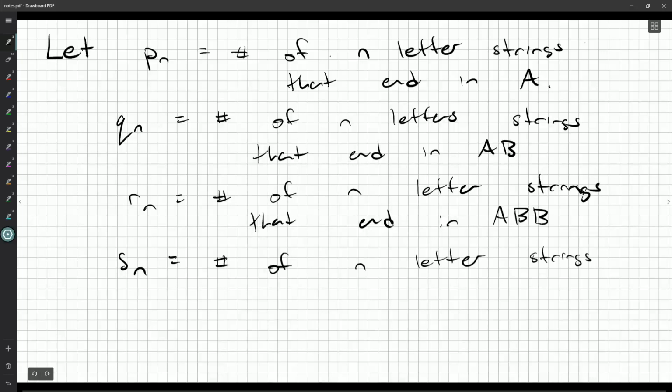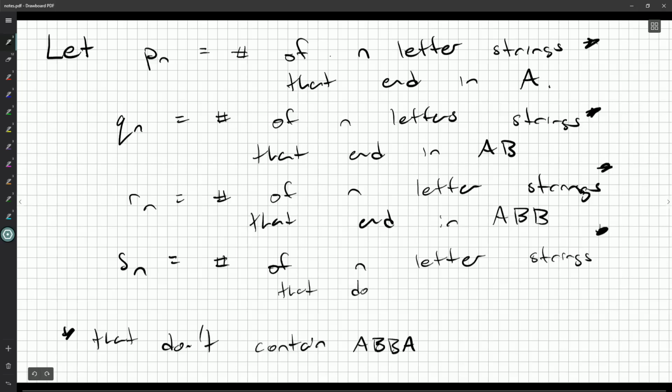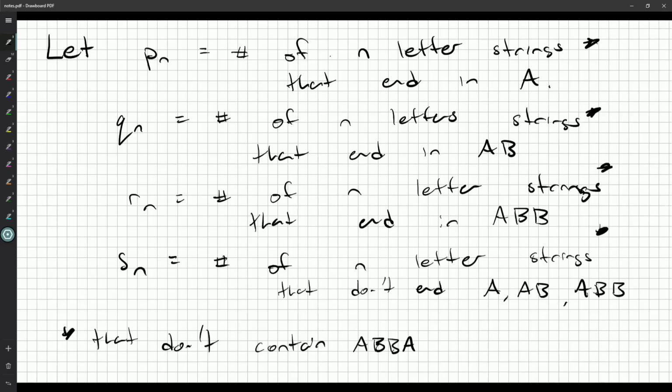I'll say N letter strings that don't contain ABBA. And so SN will be the number of N letter strings that don't end in one of these, so A, AB, or ABB. Okay, and I'm going to specifically say these are the ones that don't contain ABBA.